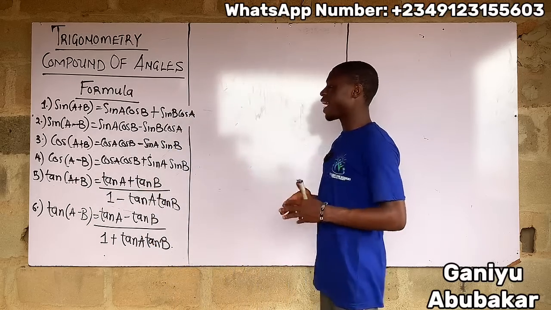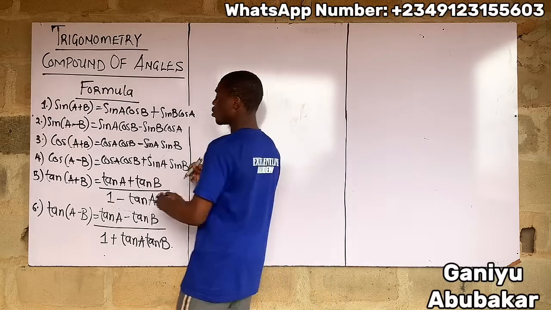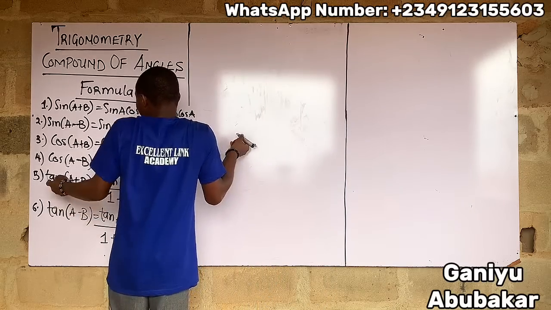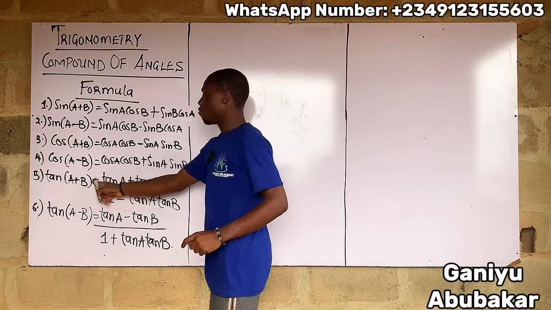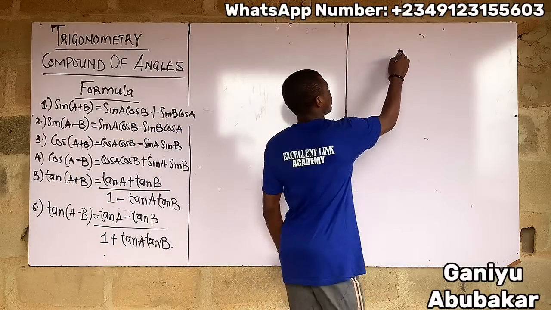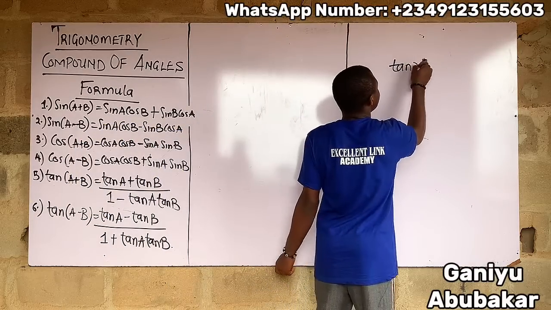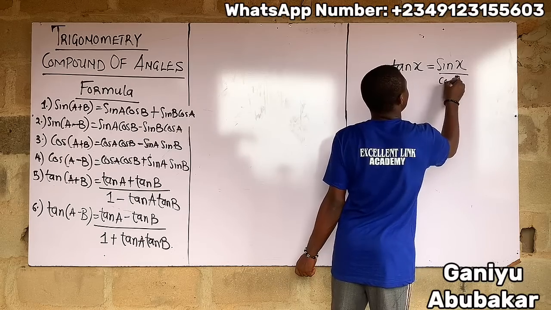Also note that I can express tan in a different way too. From number 5 and 6, we know that tan of something, let's say x, is equal to sine of that thing all over cos of that thing.